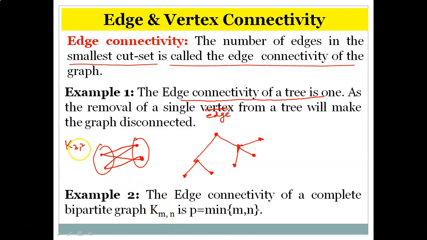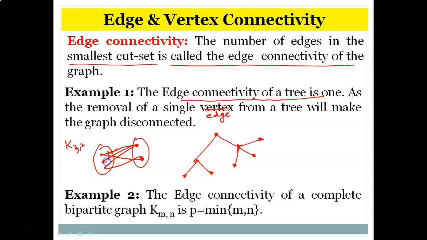Suppose in this case both are 2, so the edge connectivity will be 2, because only if we remove two edges will this graph be disconnected. Suppose I am removing this and this, both the edges. If I remove this edge as well as this edge, then this vertex will remain isolated and the graph becomes disconnected. Suppose it would have been 3 on this side, then it will also be connected to this vertex as well.